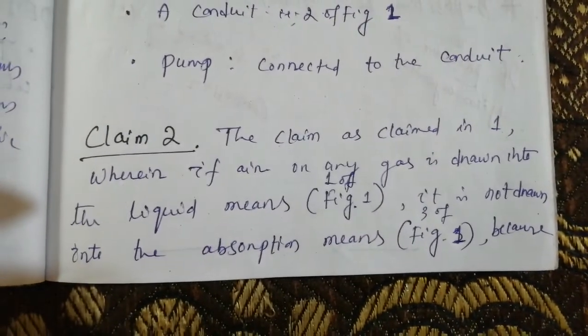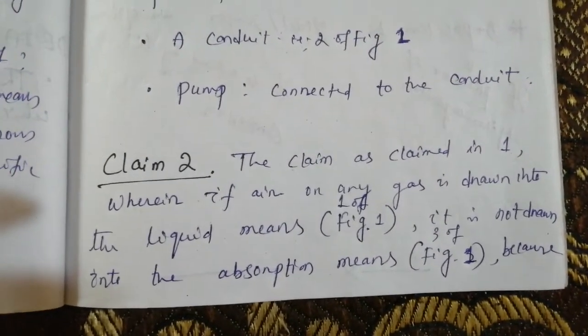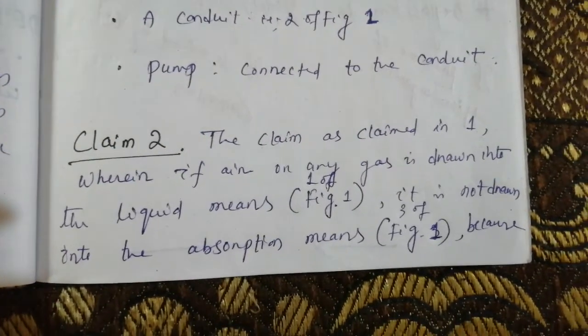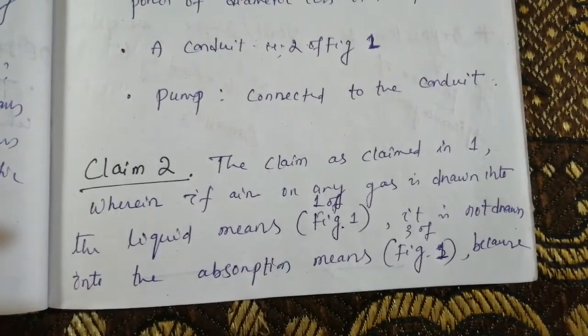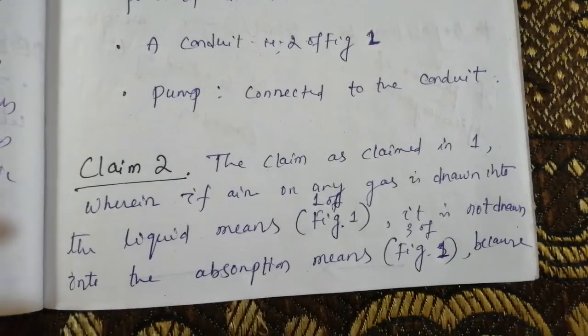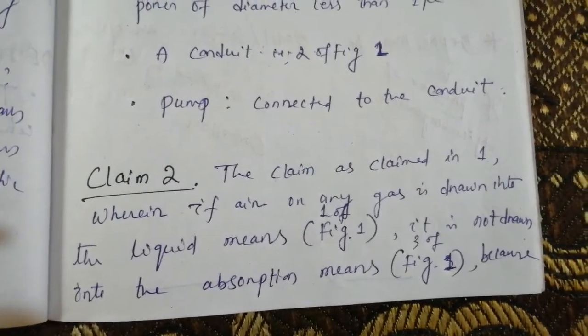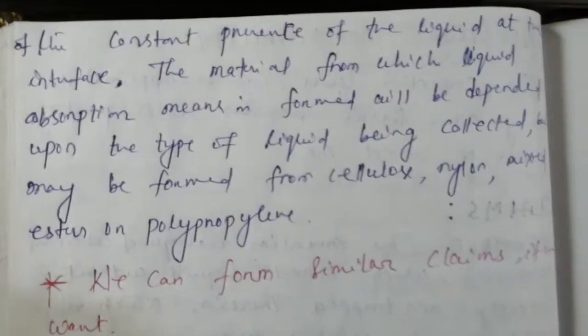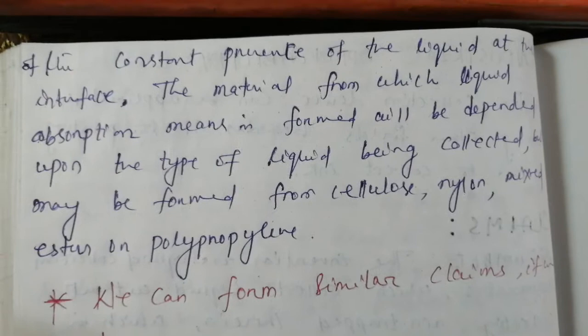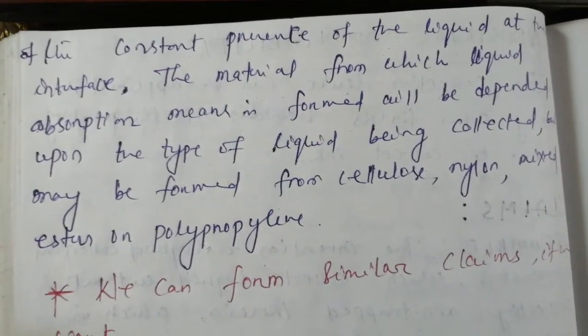Yeah, the claim is claimed in 1, that is claim 1, wherein if air or any gas is drawn into the liquid means, that is 1 of figure 1, it is not drawn into the absorption means, that is 3 of figure 1, because of the constant presence of the liquid at the interface.